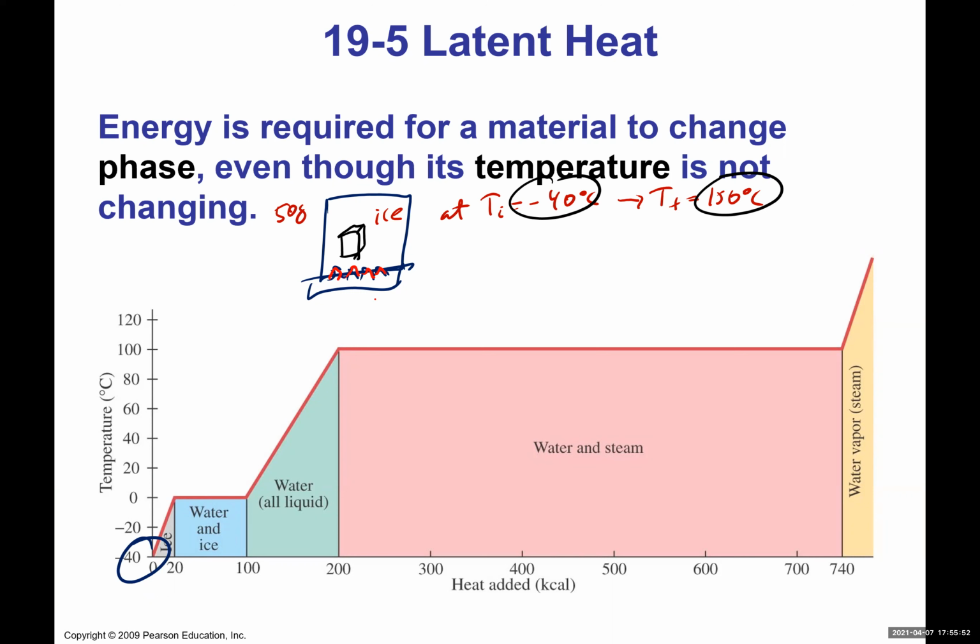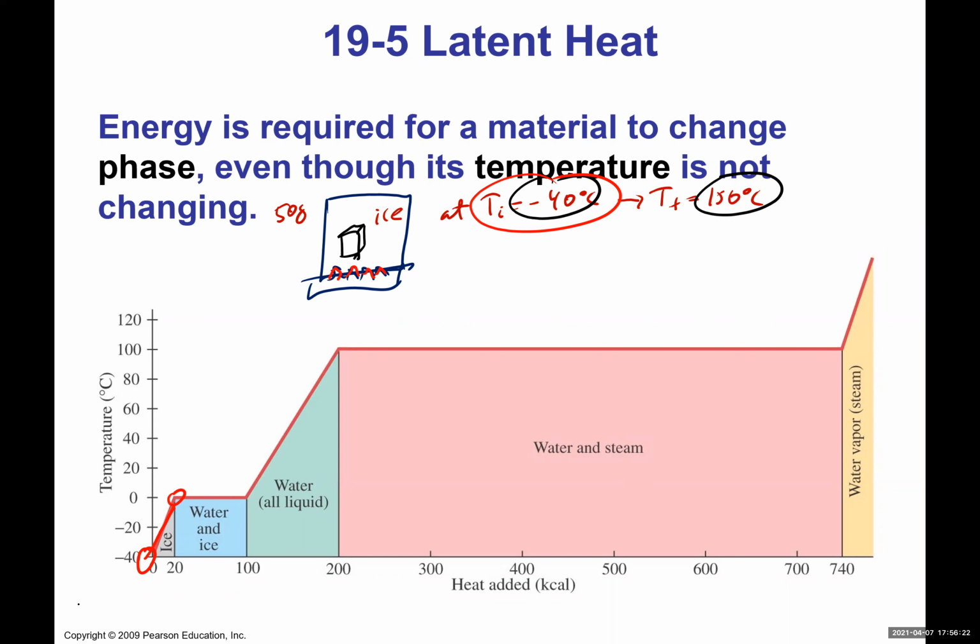Temperature increase will take ice from negative 40, as you can see, all the way to 0 degrees Celsius. And it cannot go beyond that, because every time ice reaches 0 degrees Celsius, it cannot increase the temperature beyond that, because there is no such thing as ice at 1 degree Celsius or 2 degrees Celsius.